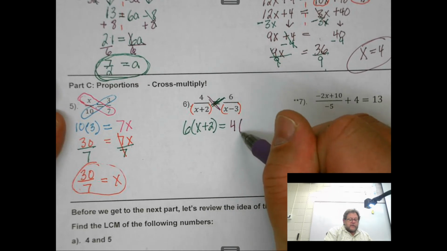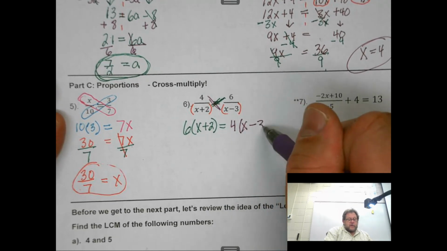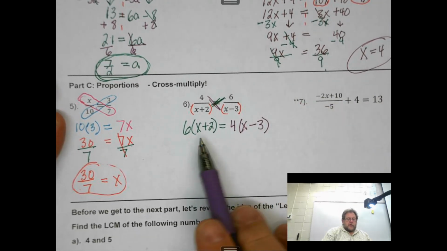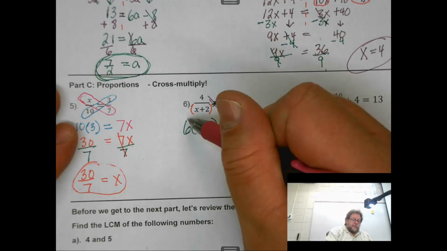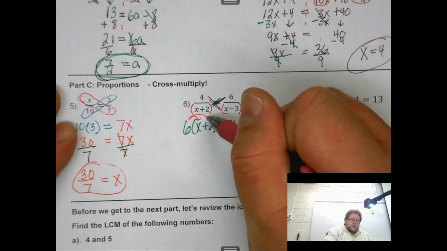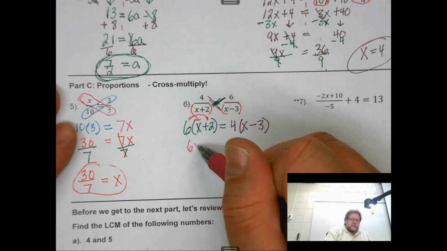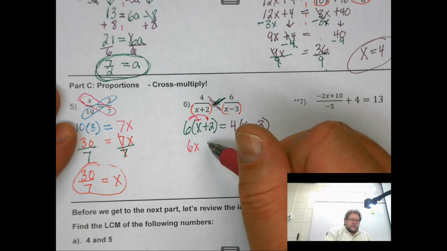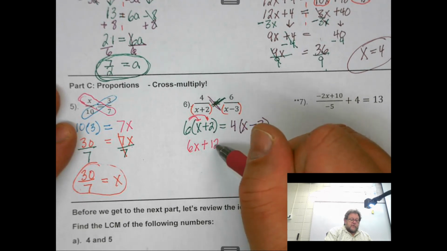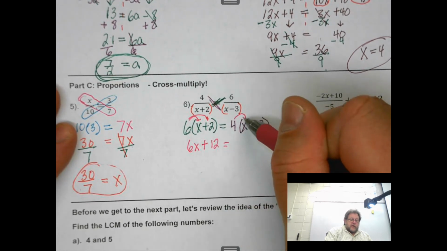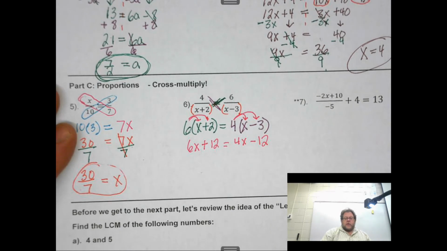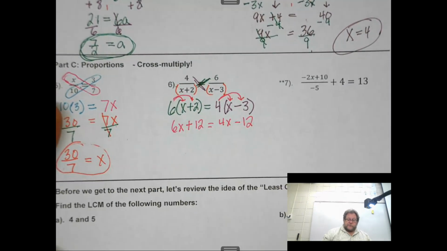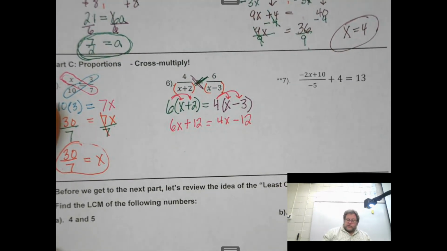Now it shows me more clearly with those parentheses that I have to distribute. 6 times x, 6x, 6 times positive 2, positive 12, 4 times x, 4x, 4 times negative 3, negative 12. And then go ahead and solve for x. I'm going to subtract 4x from both sides. I get 2x plus 12 equals negative 12.